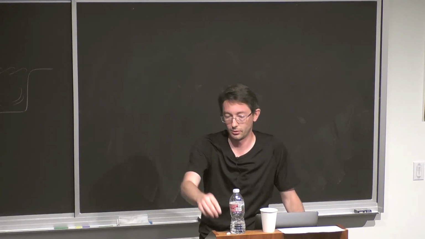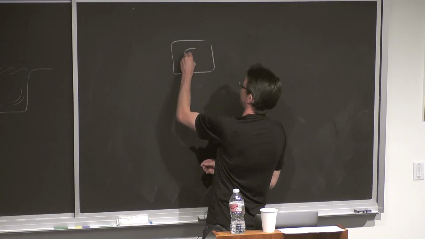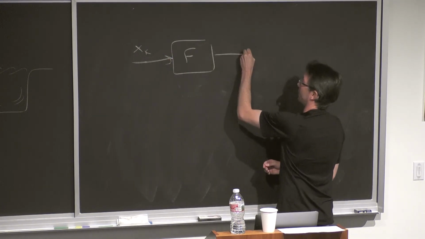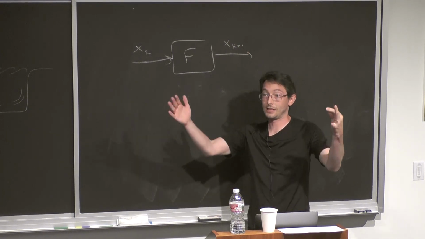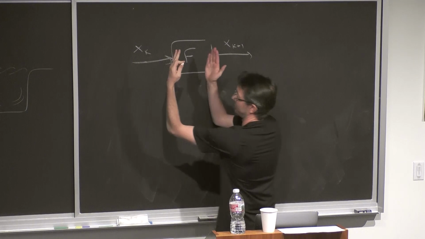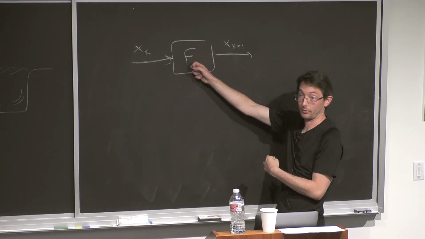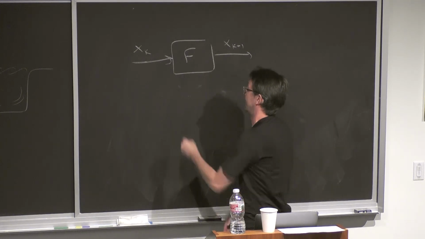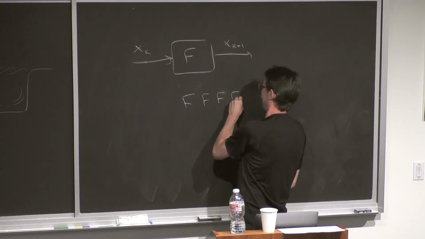You could take the exact same data from DMD, with your big X matrix and your big X prime matrix, and try to learn the one-step forward network. That generally doesn't work as well as also applying F a few times.